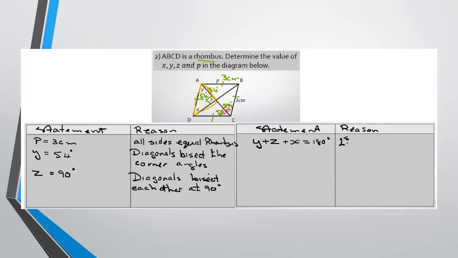The sum of the interior angles of a triangle equals 180 degrees. Y, previously mentioned to be 54 degrees, plus the z, 90 degrees, plus the x equals 180 degrees.